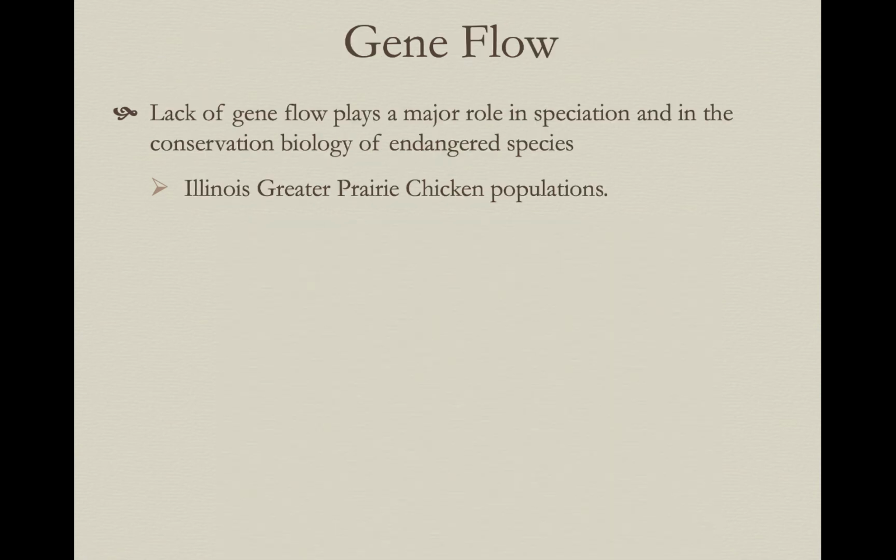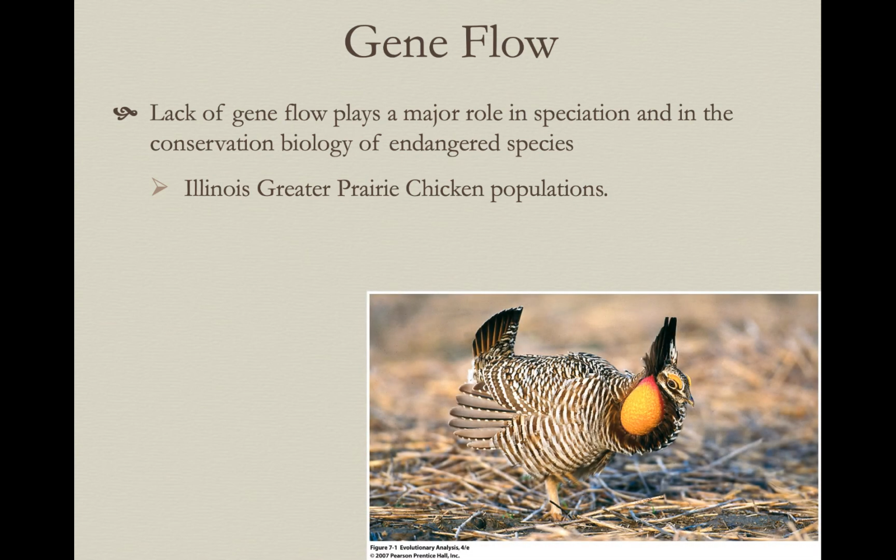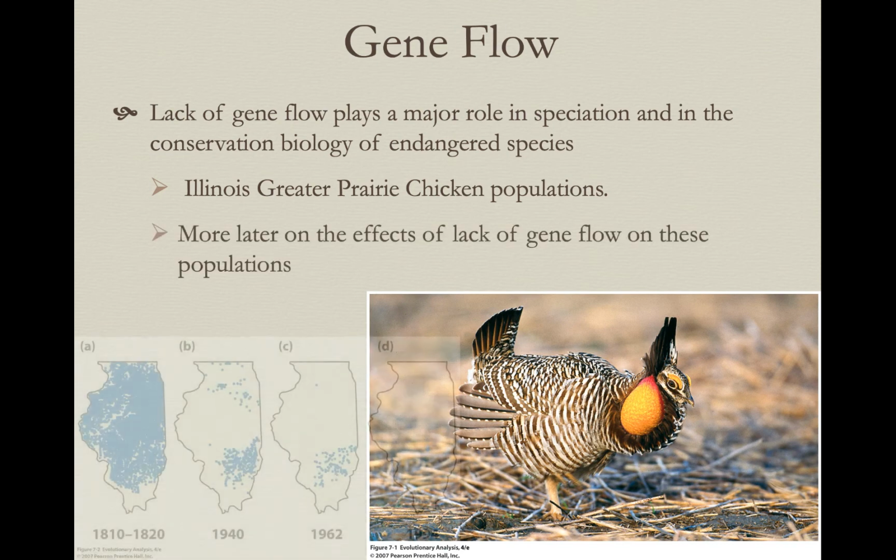Gene flow plays a huge role in conservation genetics and how we can think about preserving endangered species. And here's a good example of this. If you look at greater prairie chicken populations in the state of Illinois, historically, so this is a beautiful bird that has some really dramatic breeding behaviors on these traditional breeding grounds called leks.